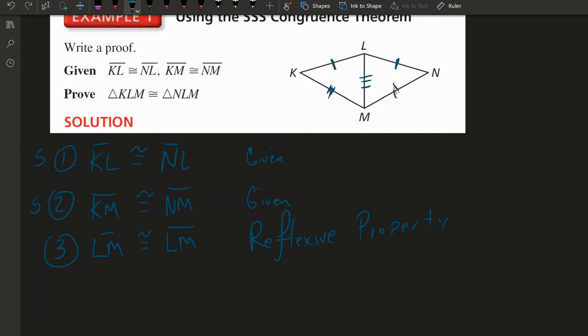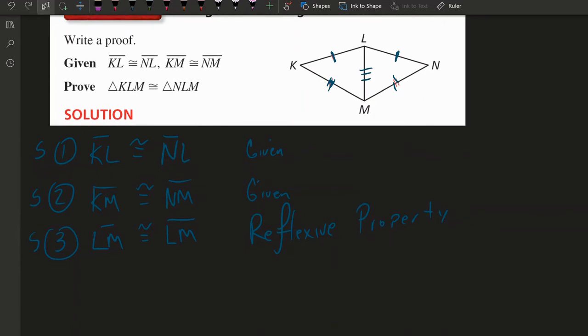And that gives me the third set of corresponding sides. So now, since all three sets of corresponding sides are congruent, I can say step 4, triangle KLM is congruent to triangle NLM. And that is because of the side-side-side congruence theorem.